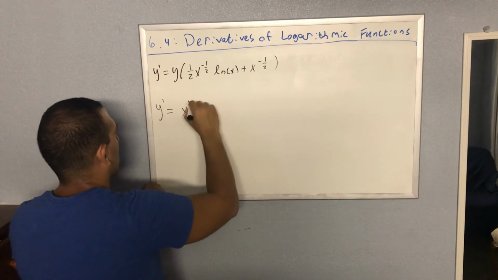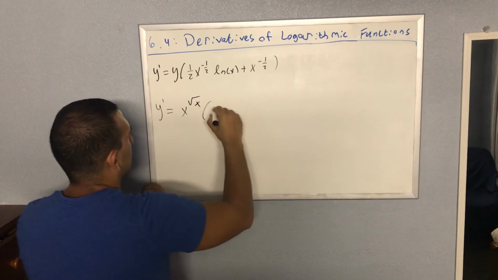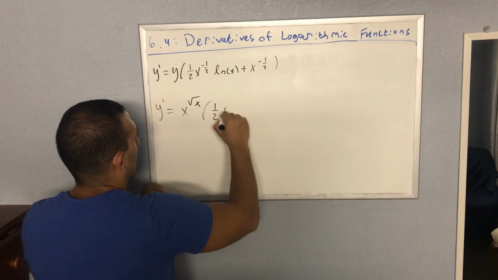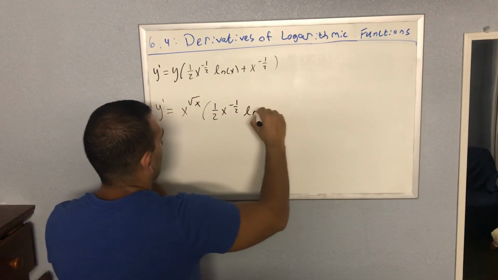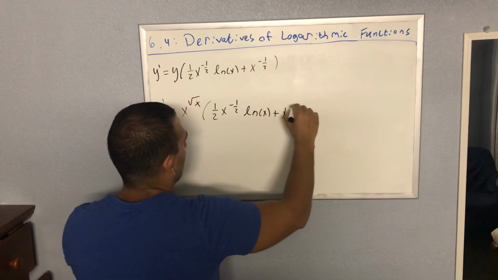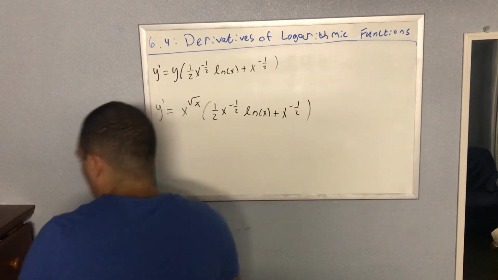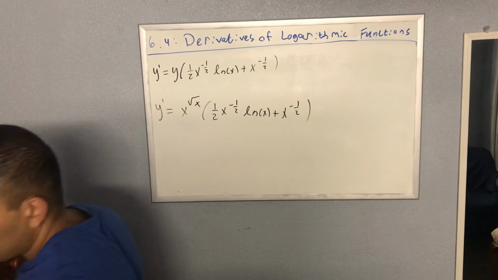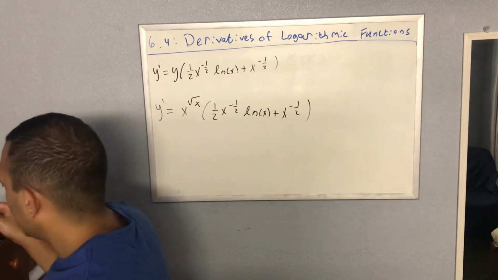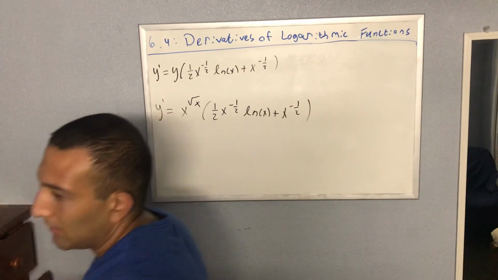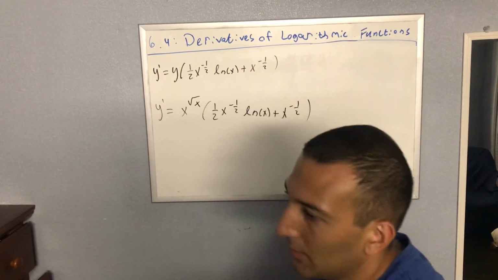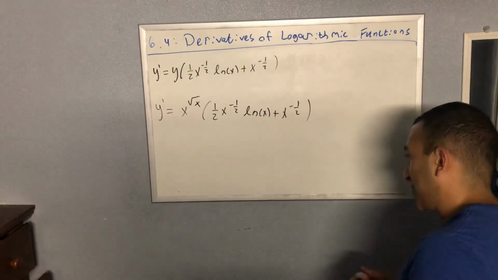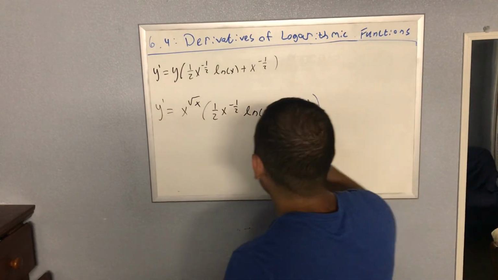It was x to the root x, and then times this. Which again, you can simplify this more, but it is what it is. You can do more, but this is fine.